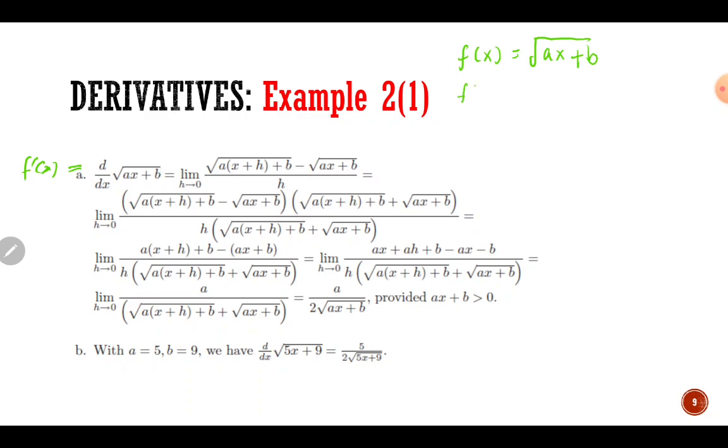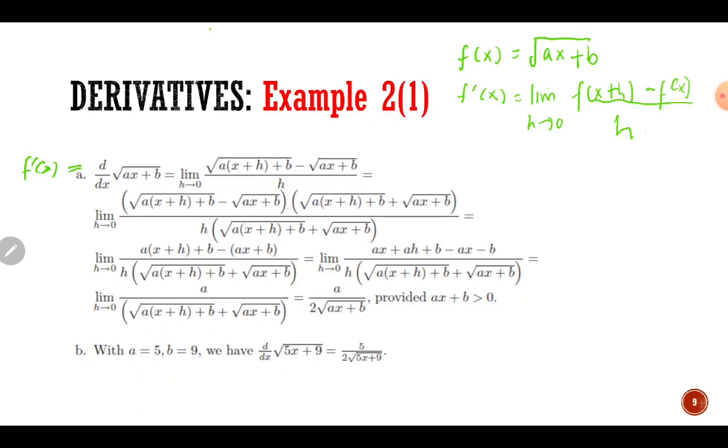And to find the derivative f prime x, we use the formula limit, as h approaching 0, f(x plus h) minus f(x) over h. Okay, so in this case kita punya f(x) adalah square root of ax tambah b. So maknanya kita masukkanlah f(x) kita ke dalam formula yang ni.